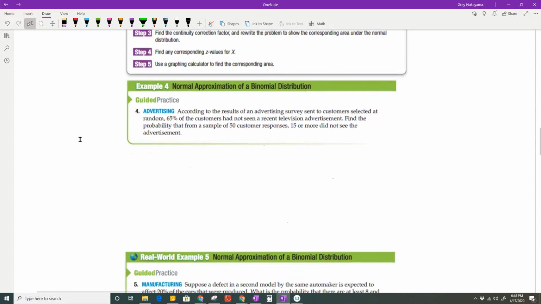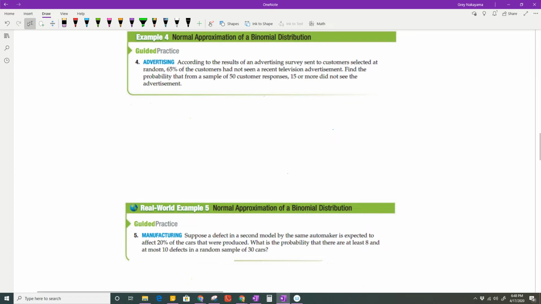So let's go start. Now, it says, according to the results of an advertising survey sent to customers selected at random, 65% of the customers had not seen a recent television advertisement. Find the probability that from a sample of 50 customer responses, 15 or more did not see the advertisement. Okay, so step one says find the mean and standard deviation.